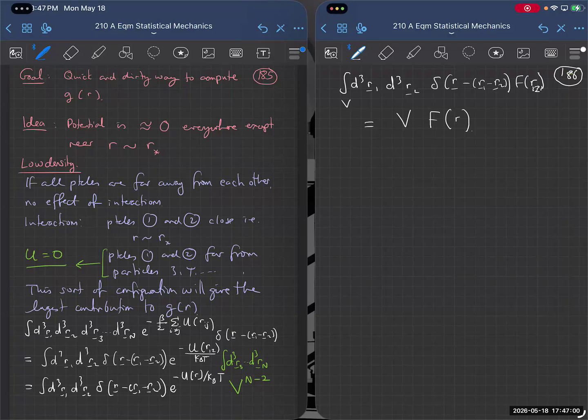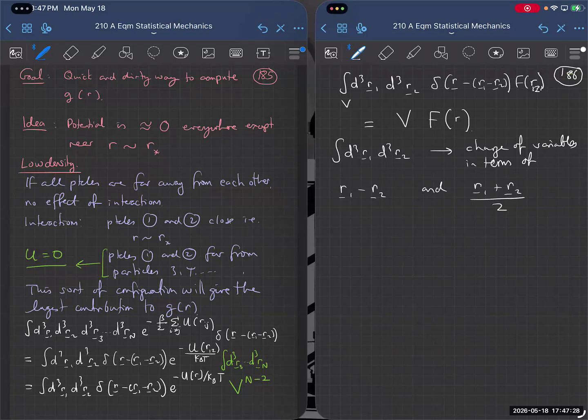So if I make the change of variables, I've got an integral d3R1 d3R2. So I can make a change of variables in terms of R1 minus R2 and R1 plus R2 over 2. I'm not going to go through and do it.